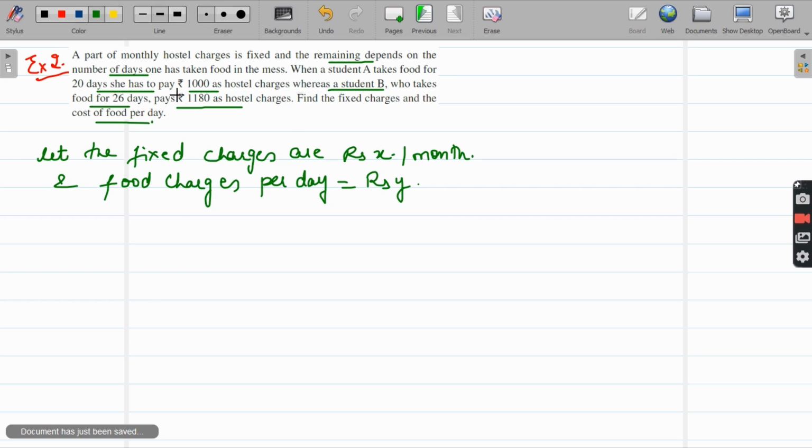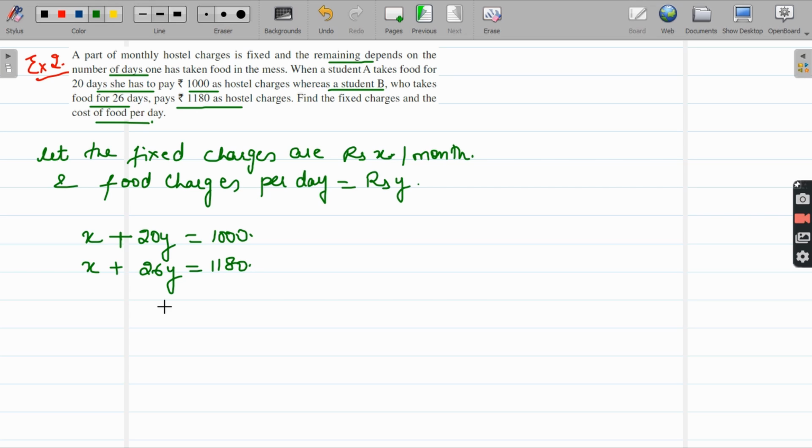Okay, so obviously the first student A takes food for 20 days, so he or she has paid fixed charges X plus 20 into Y, which should be equal to 1000. And the second one, student B, has paid 1180, in which we have a fixed charge per month and food for 26 days. So x plus 26y is equal to 1180.